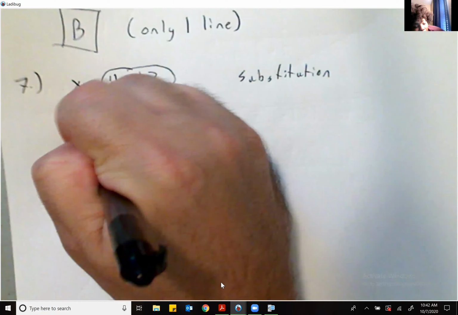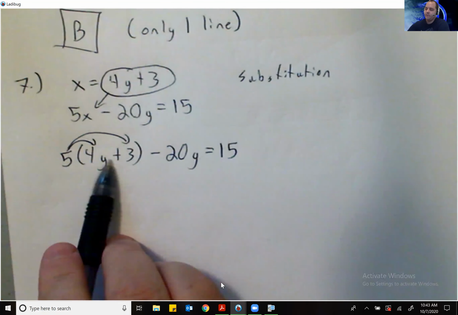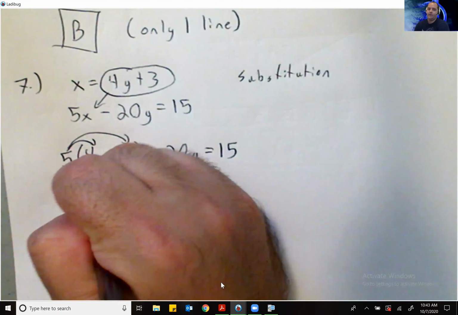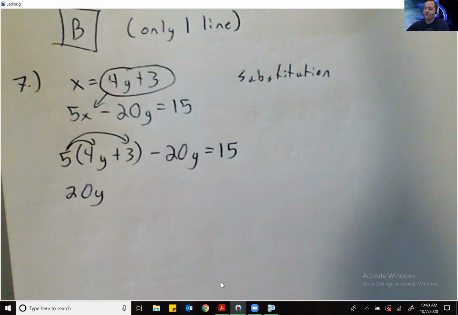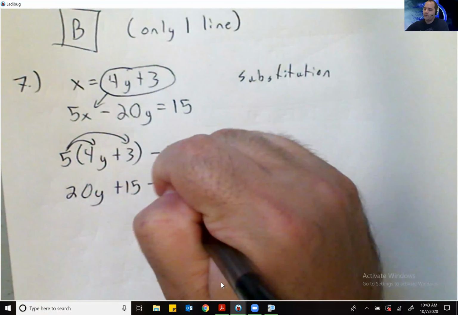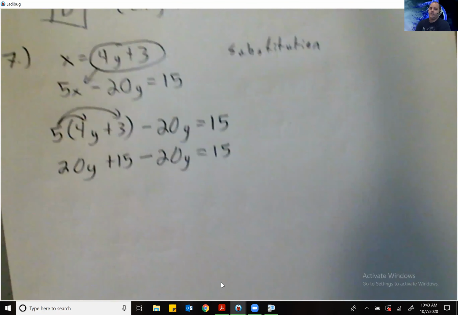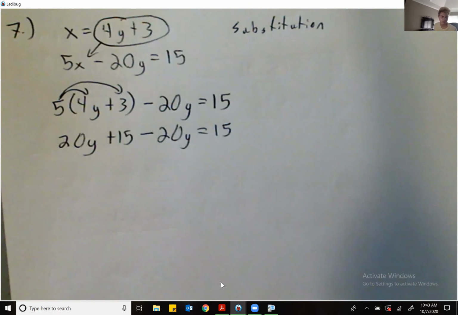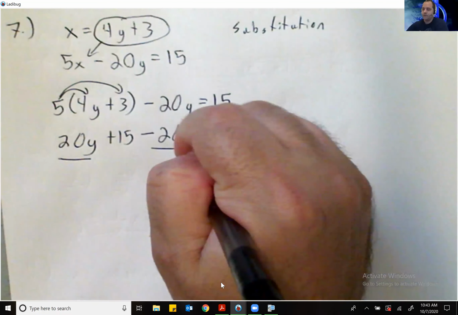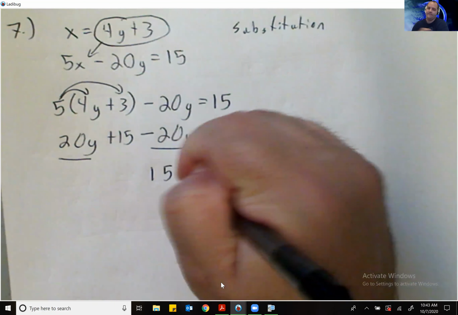That's right, everything in the parentheses. 5 times 4y is 20y. 5 times 3 is 15. Then minus 20y equals 15. Now what? Which ones cancel? The two 20ys. These two get together and they cancel because they're like terms. So all that leaves us with is 15 equals 15.